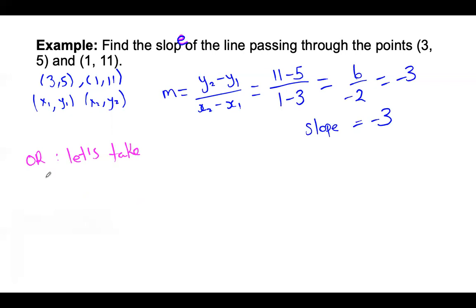Let's allow (1, 11) to be equal to x1, y1, and (3, 5) to be equal to x2, y2. What happens now? For the second case, let's calculate it and see if you're right. See what the math tells you.